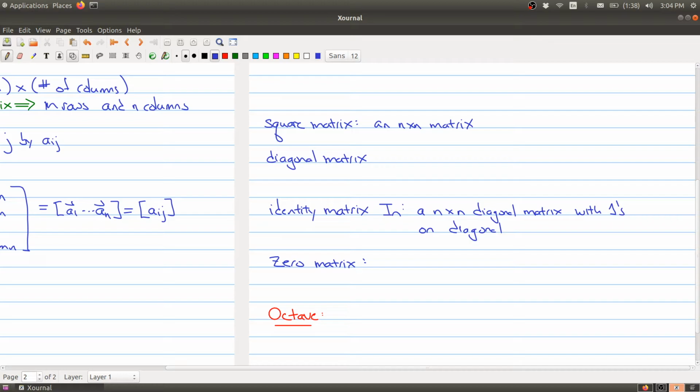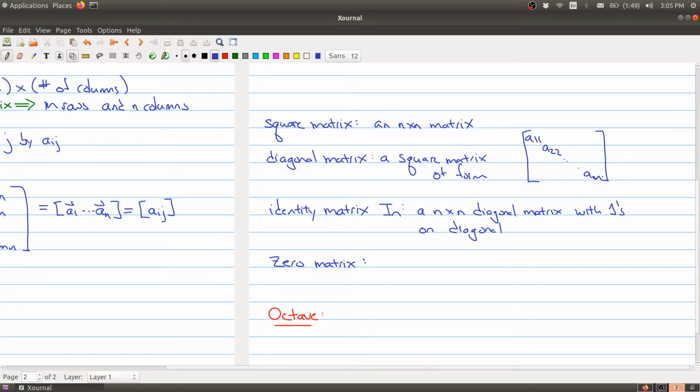A diagonal matrix is a special type of square matrix, and this is a square matrix of the form here. So I'll write myself a square matrix. And this matrix has the property that all of the entries off of the diagonal are 0, and the non-zero entries show up on the diagonal.